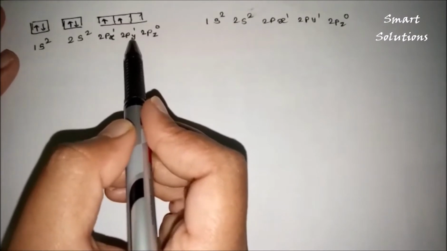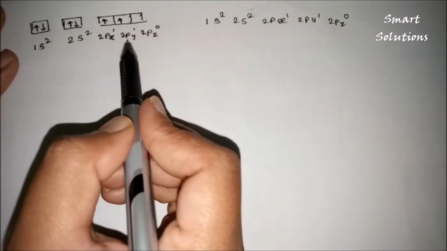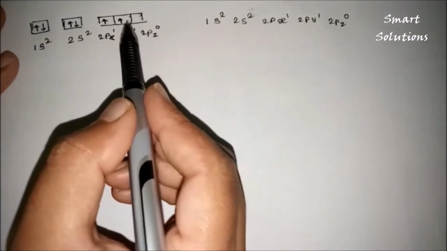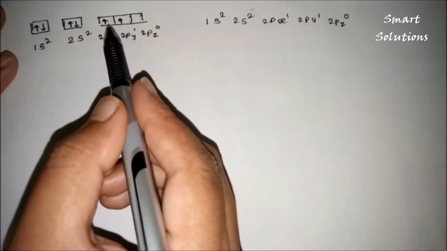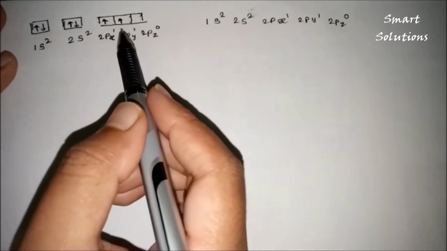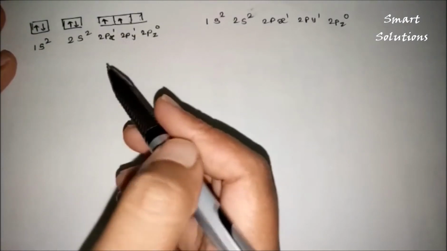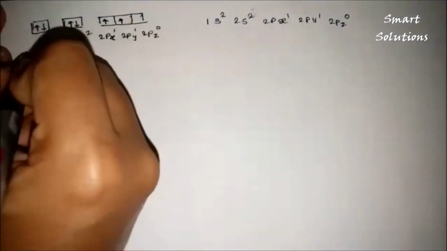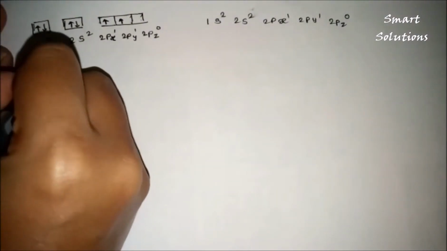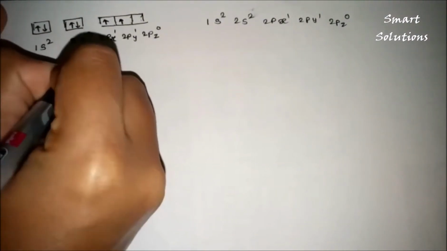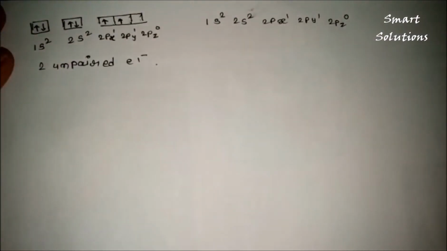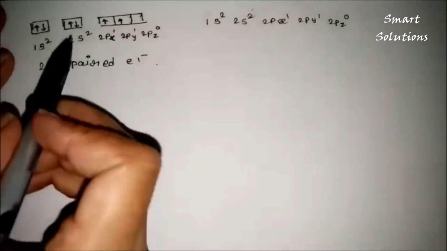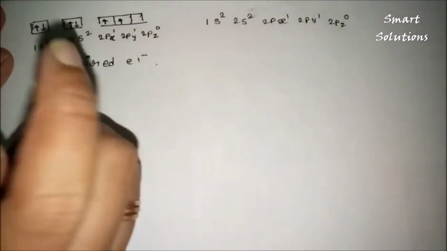But in the p orbital there is 1 electron in 2px and 1 in 2py, so there are 2 unpaired electrons. But the observed valency of carbon in C2H2 is 4.